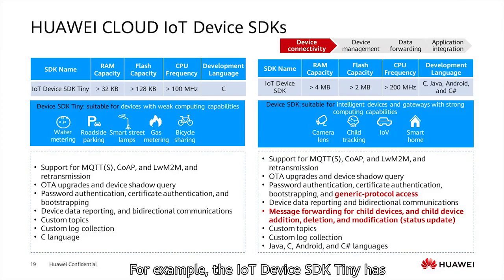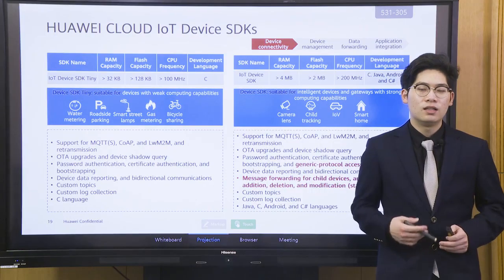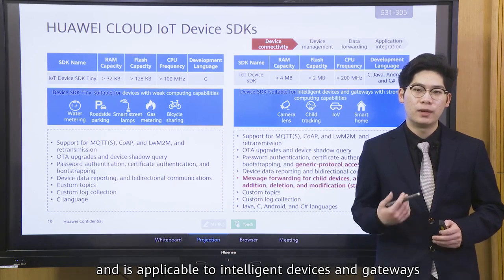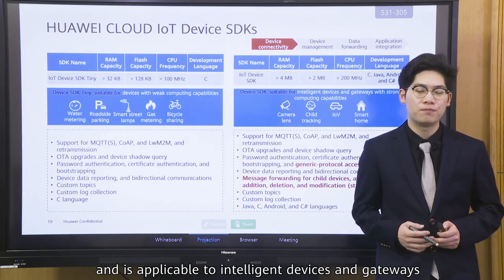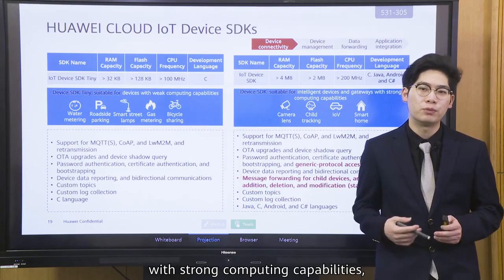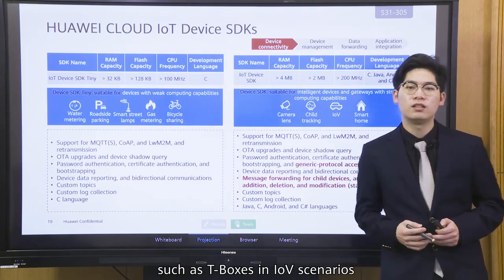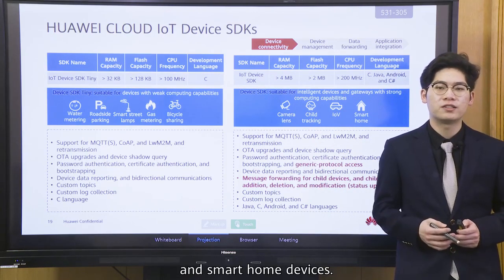For example, the IoT Device SDK Tiny has a small capacity and is applicable to devices with weak computing capabilities, such as water meters, electricity meters, and geomagnetic vehicle detectors. The IoT Device SDK has a large capacity and is applicable to intelligent devices and gateways with strong computing capabilities, such as T-boxes in the IOV scenarios and smart home devices.